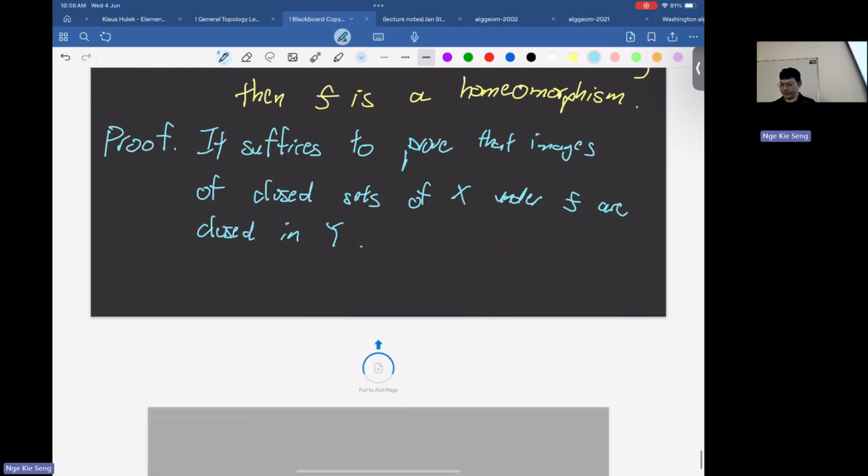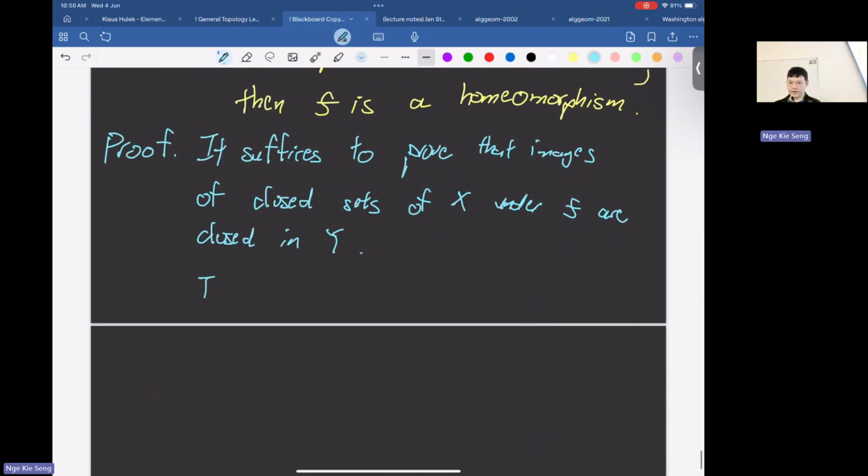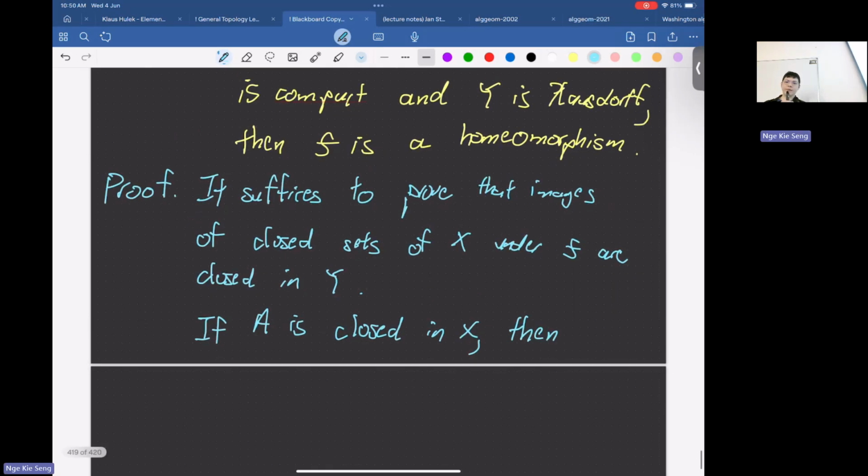So if A is closed in X, then what? X is a compact set, and closed in compact is compact. So A is compact. But what is F(A)? The continuous image of a compact set is compact also.